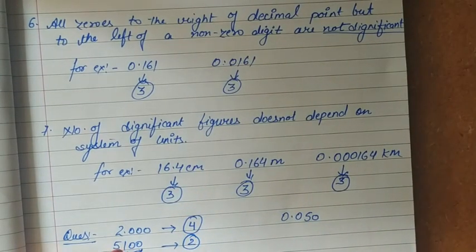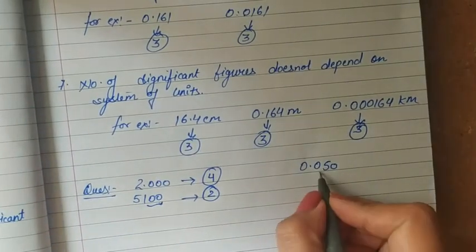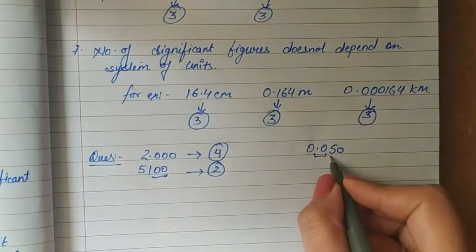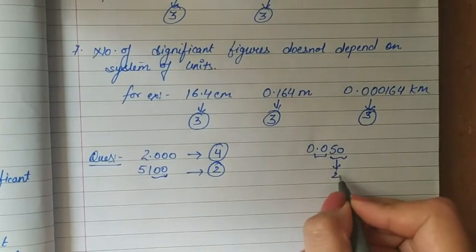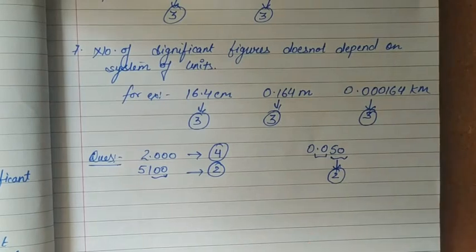Similarly here we are not going to count this zero. So the significant figures are only 2, 5 and 0. In that manner we can read the number of significant figures present in a measured value. This is about significant figures.